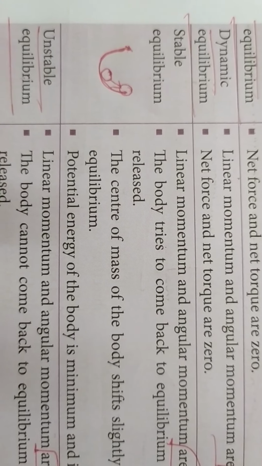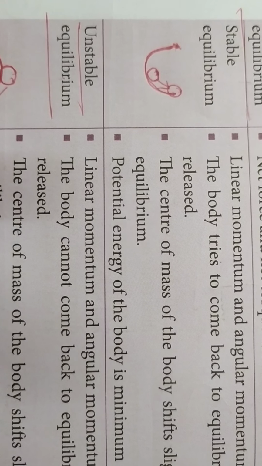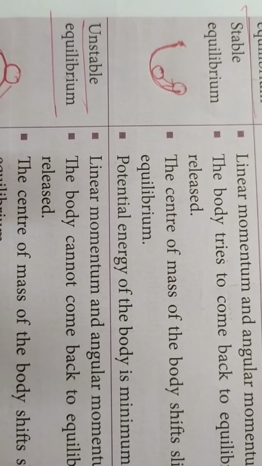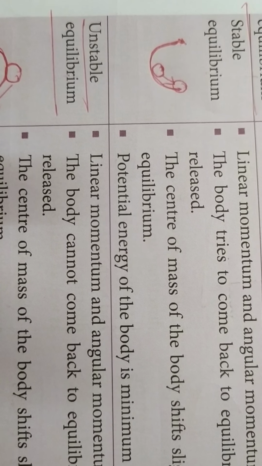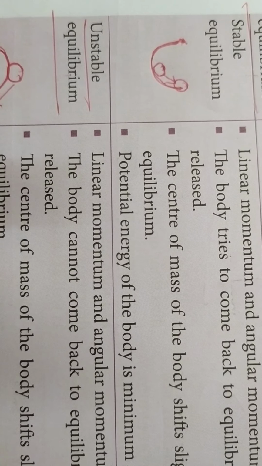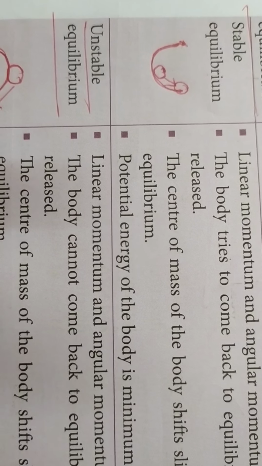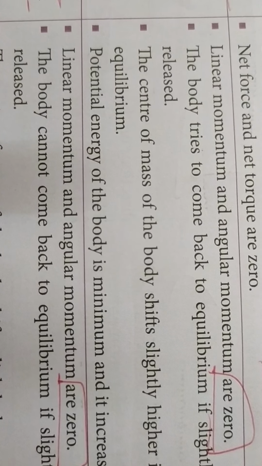Next, stable equilibrium. For this you can consider one example. You take a bowl like this and keep a small ball in the bowl, and if you bring the ball to the end of the bowl, the ball will fall again to the bottom. So what about the linear momentum and angular momentum?